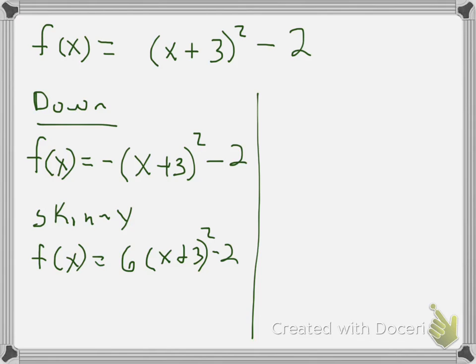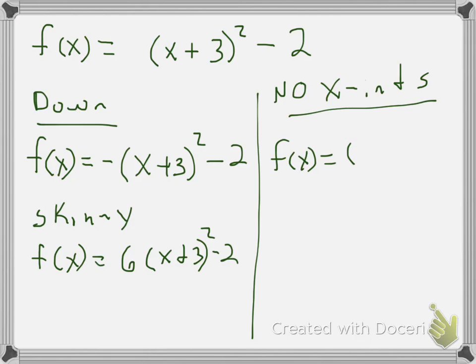Okay. If I wanted to make sure that it had no x-intercepts, well, I would probably change that -2 to a +2 so that it was moved above the x-axis.